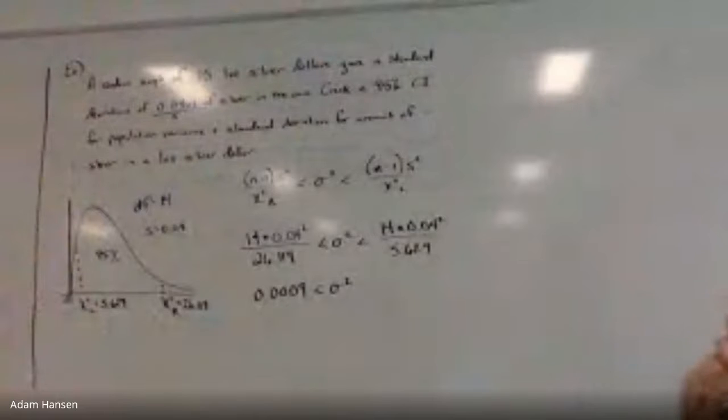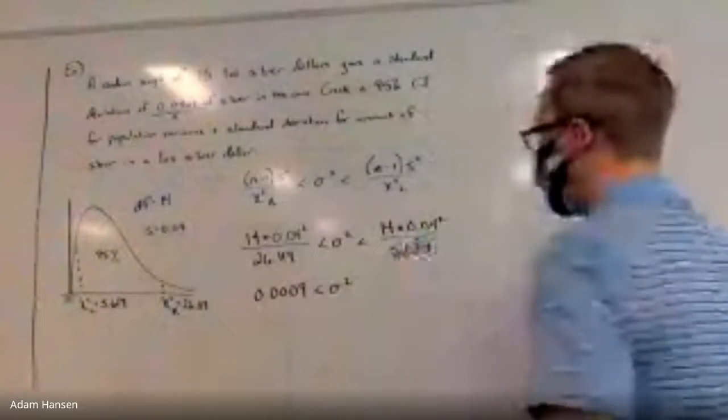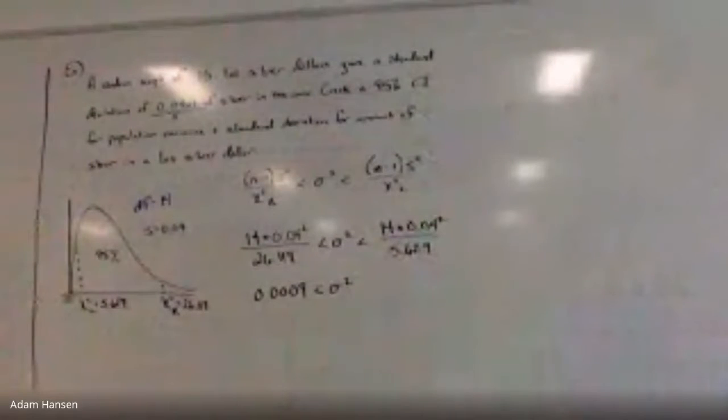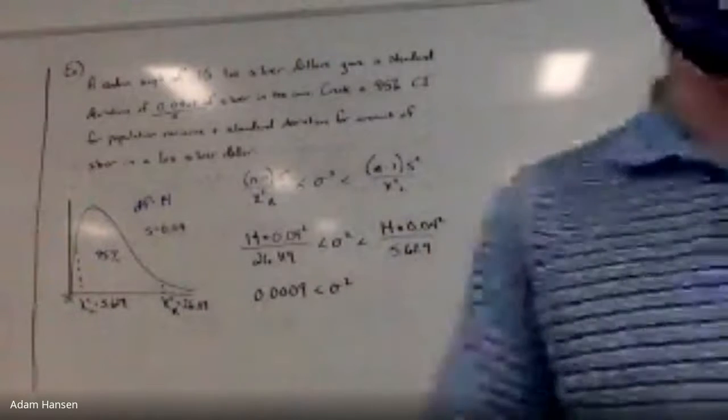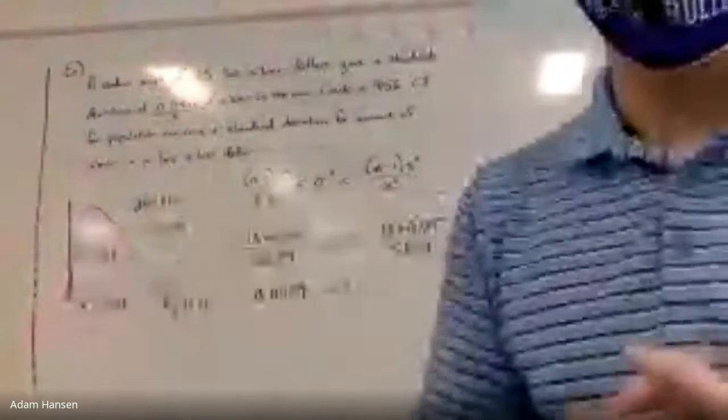I just moved that decimal place back 4 places, rather than 0.0009. Let's do the same thing with this one. I'm going to take 14 times 0.04 squared and divide by 5.629. So about 0.004.